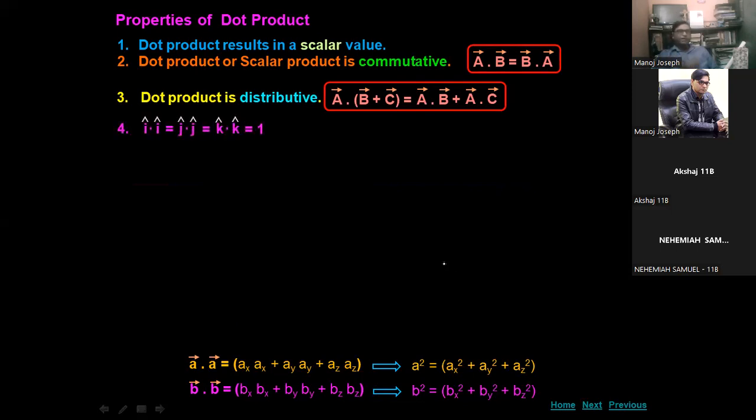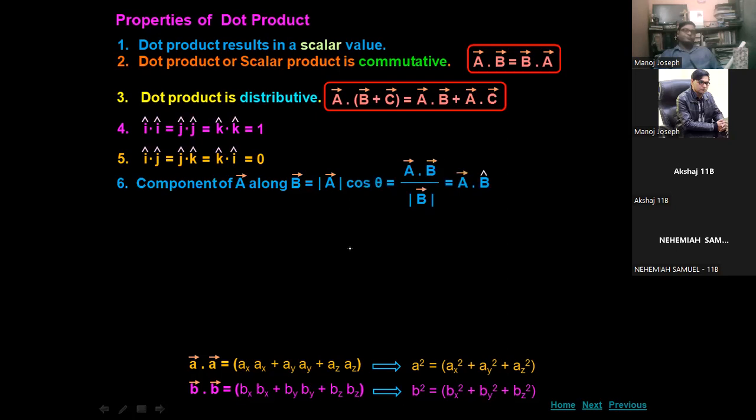It's simple algebra. When we multiply I cap with I cap in dot, or J cap with J cap, or K cap with K cap, it will produce 1. But when you multiply I with J or J with K, that is, different unit vectors, you will get 0. So I dot J or J dot K or K dot I will produce 0, whereas I dot I or J dot J or K dot K will give you 1.